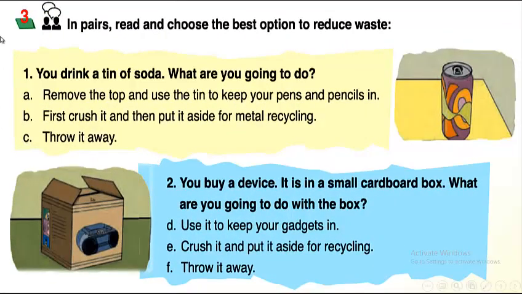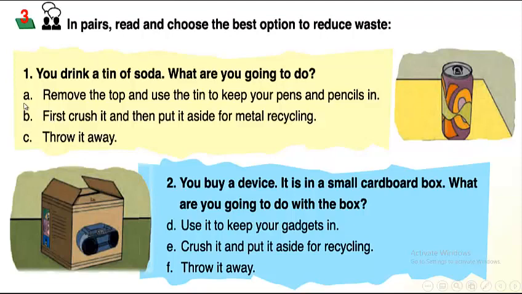Now, exercise number 3. Read and choose the best option to reduce waste. Here, my dear students, we want to read the sentence and choose the best option. Number 1. You drink a tin of soda. What are you going to do with it? Look at the picture.